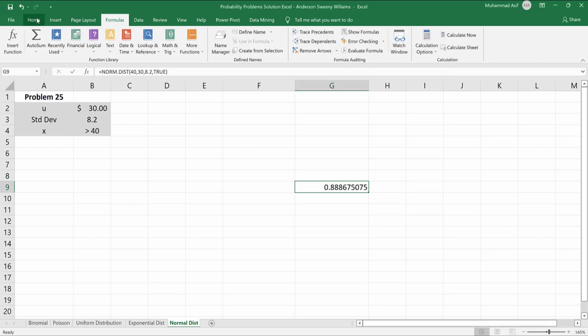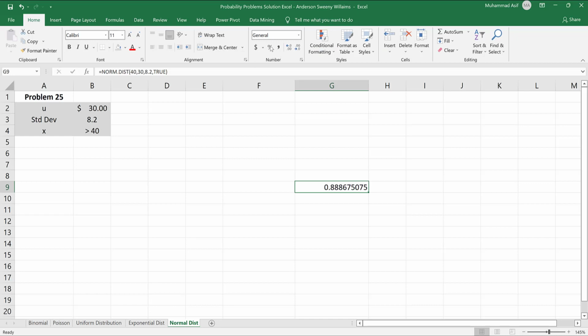Now its interpretation requires care. For example, the question is, what's the probability that this stock price will be greater than 40? What we have calculated is cumulative probability, which means 40 and less than, all probabilities on the left tail.